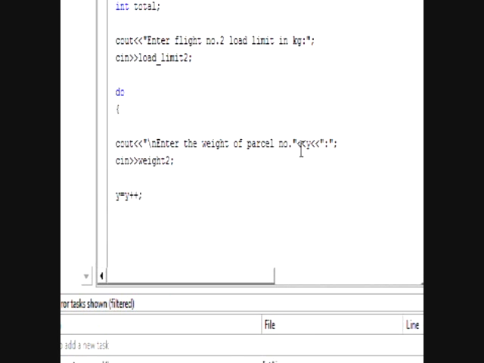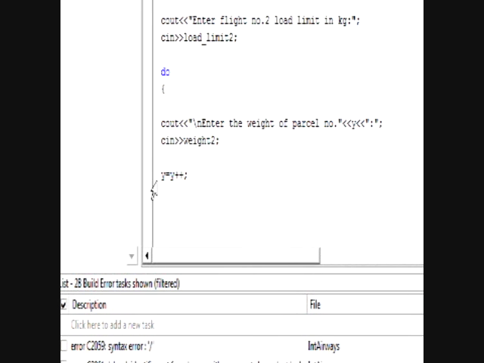And y is used to display each parcel number 1, 2, 3, 4, 5, 6, so we are incrementing y as it goes along until it stops asking that question when it checks that the total weight of all the parcels put together is less than the load limit of the flight.